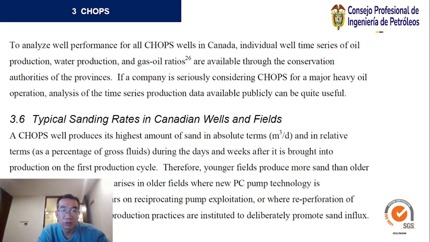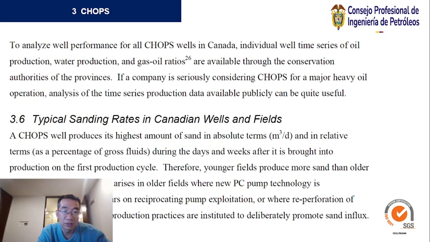Typical sanding rates in Canadian wells and fields. A CHOPS well produces its highest amount of sand in absolute terms and in relative terms during the days and weeks after it is brought into production on the first production cycle. Therefore, younger fields produce more sand than older fields.